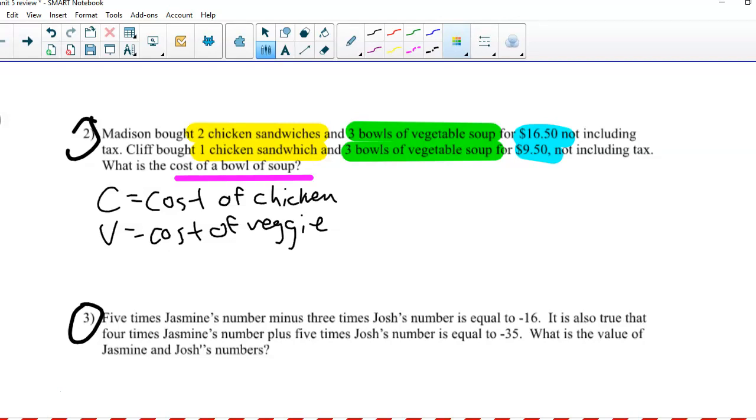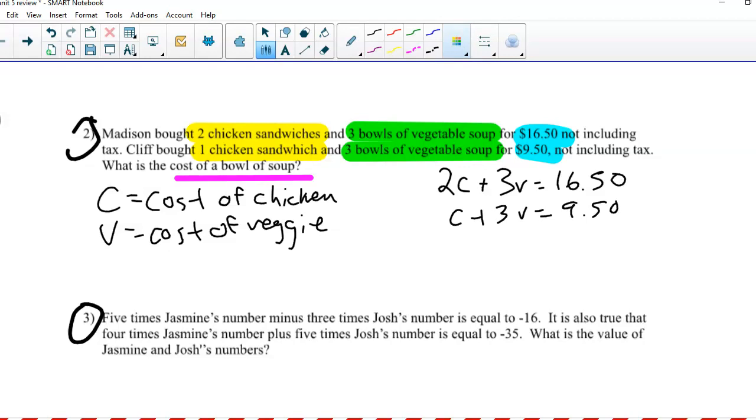You are going to use those variables and that total, but you're missing some numbers. Plus 3b equals 16.50, so that's 1. Alright, we are solving this one by substitution.